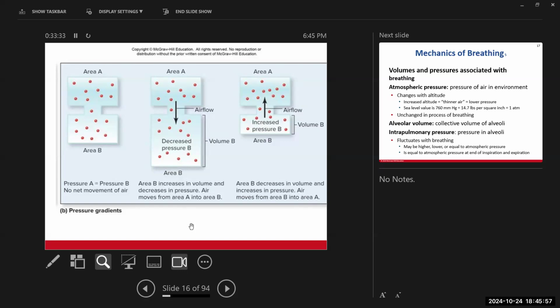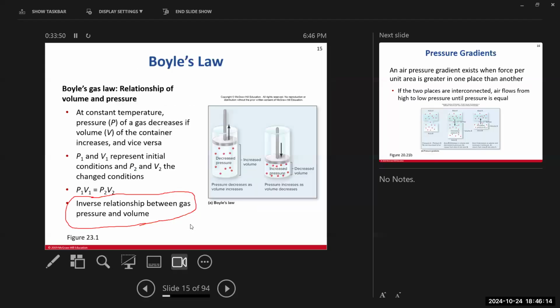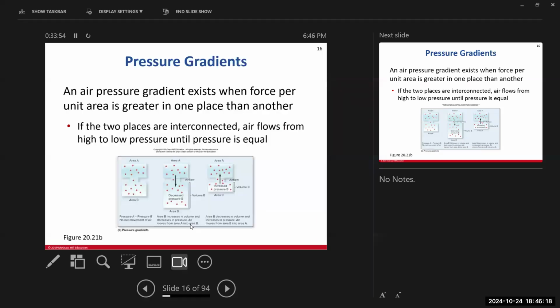So where is the air going to go? It's going to go from a high pressure area, which is the smaller volume, to the low pressure region because it has a higher volume, okay? When in doubt, look at Boyle's law, inverse relationship between gas pressure and volume.